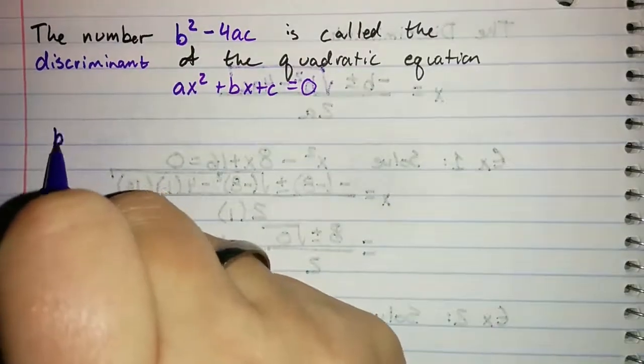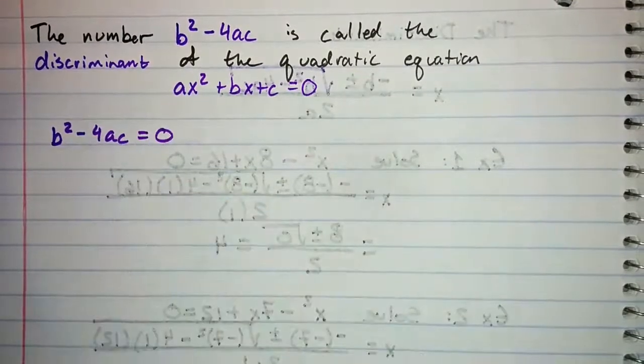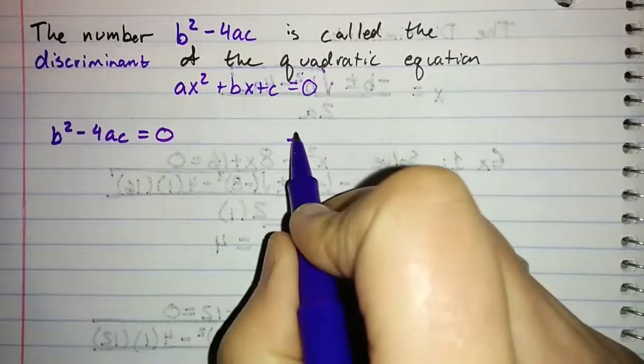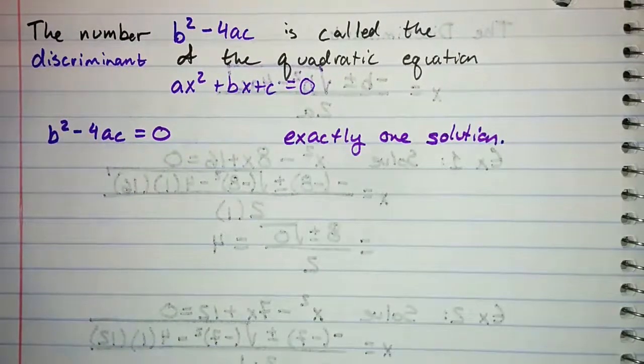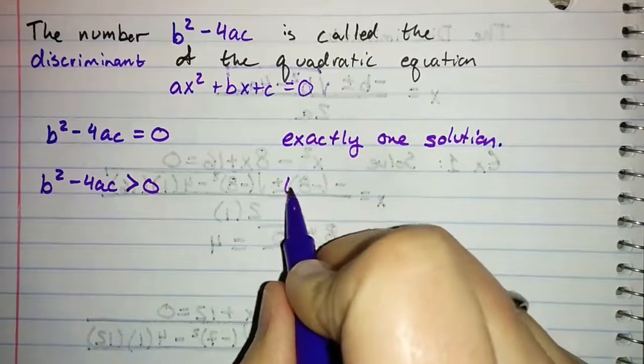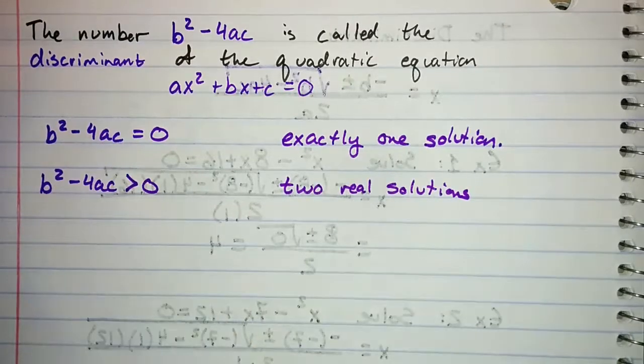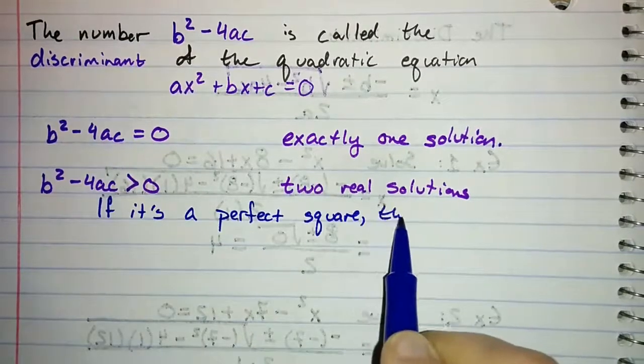If b squared minus 4ac equals 0, we have exactly one solution. If b squared minus 4ac is a positive number, we have two real solutions. If it's a perfect square, well, then they're rational.